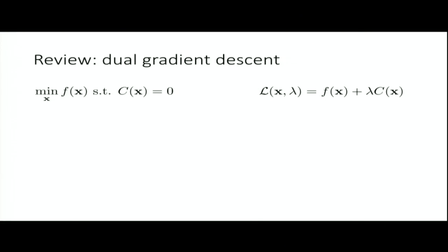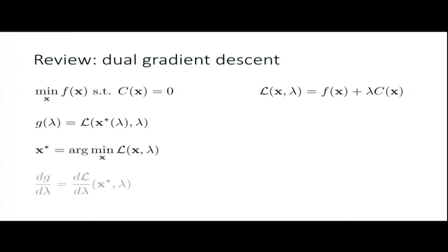So just to review, in dual gradient descent, if you have some generic constrained optimization like this, minimize f of x subject to c of x equal to 0, what we saw on Monday is that you can write down the dual function. In the dual function, you can treat the x that minimizes the Lagrangian as a function of lambda, your Lagrange multiplier. So x star is the argmin of the Lagrangian at lambda. And then you can write down the derivative of the dual function, which is just the derivative of the Lagrangian with respect to lambda at the point x star.